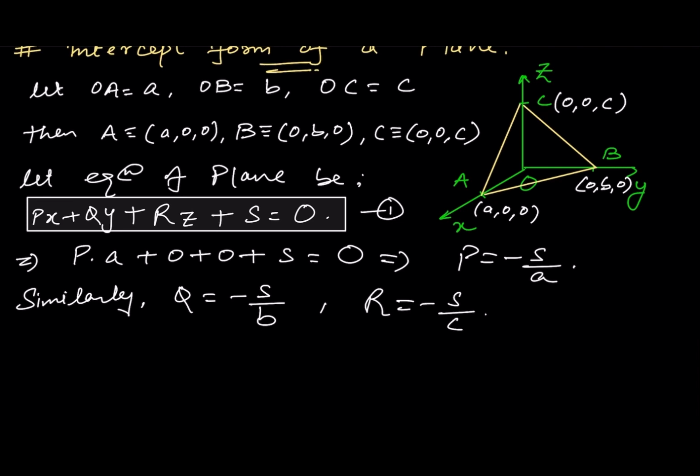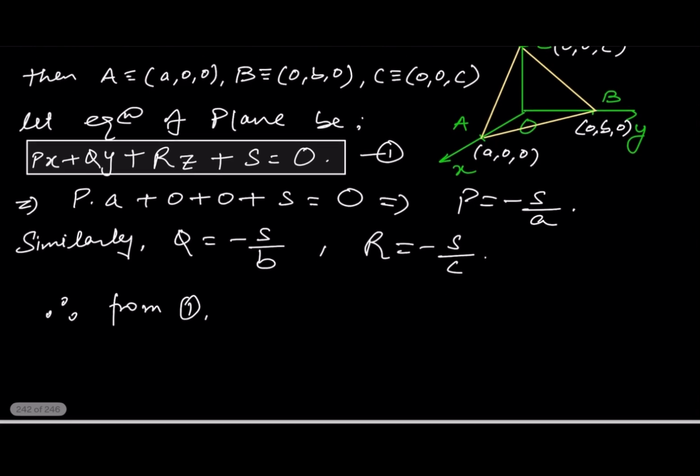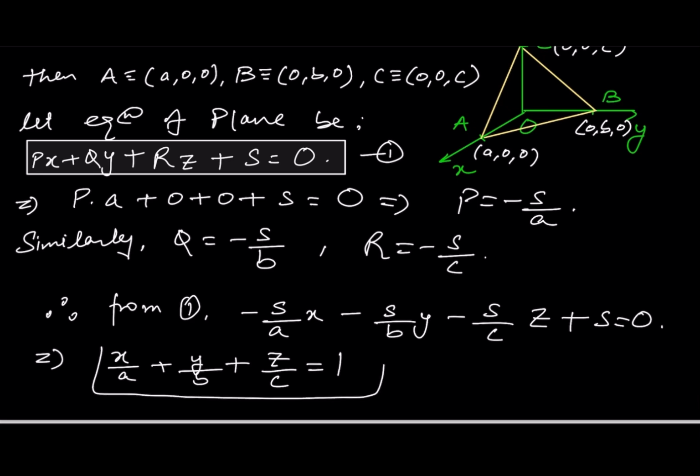Okay, so from 1, now the equation of the plane becomes (-s/a)x - (s/b)y - (s/c)z + s = 0. If I divide by -s, then x/a + y/b + z/c - 1 = 0, or x/a + y/b + z/c = 1, right?